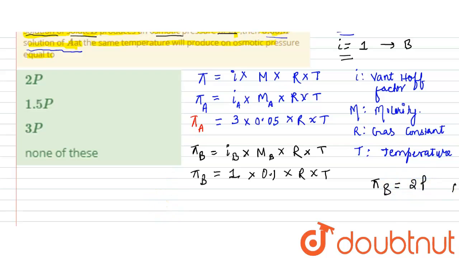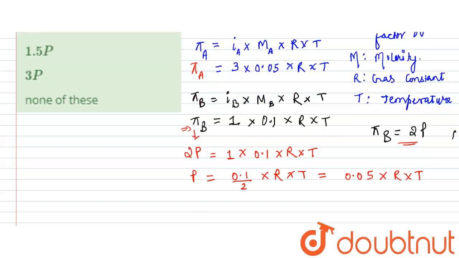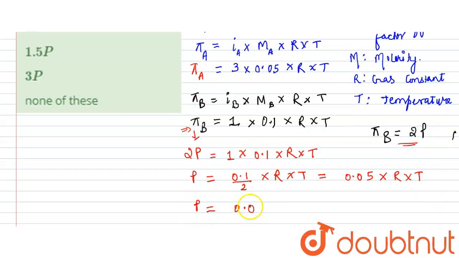From here we can write 2p is equal to 1 into 0.1 into R into T. Since pi of B was 2p, we have written 2p instead of the osmotic pressure of B. So from here p will come out to be 0.1 divided by 2 into R into T, which is 0.05 into R into T. So finally we have got the value of p as 0.05 into R into T.